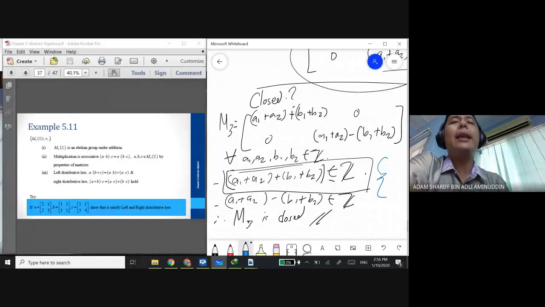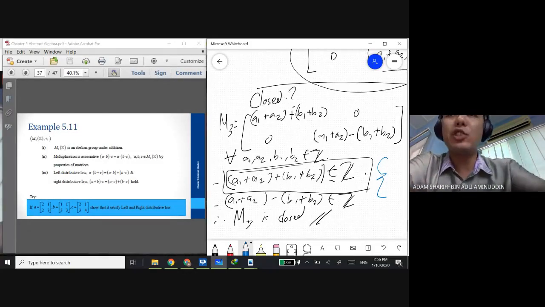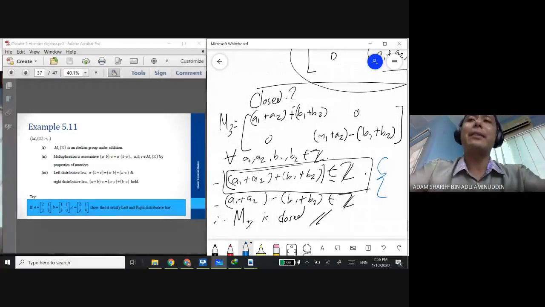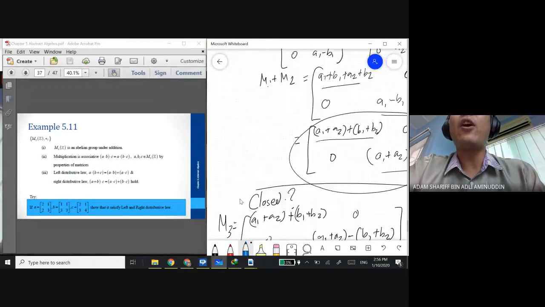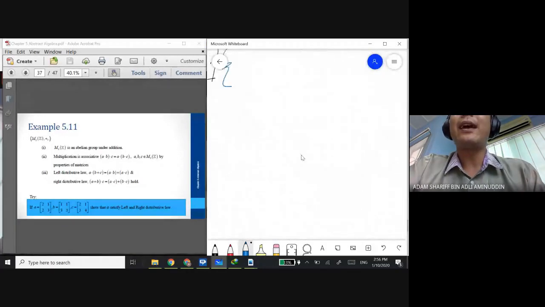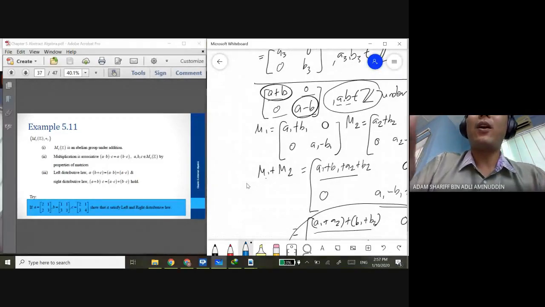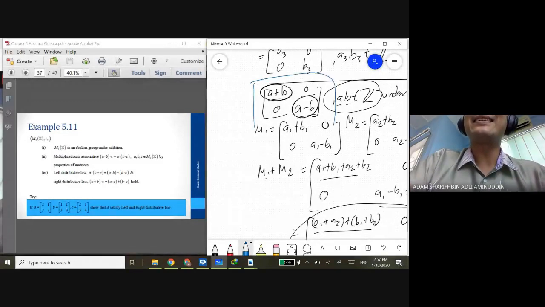Closed means A, B produce a new element, the new element in the same G. In this case, this G is the matrix in the form of this.